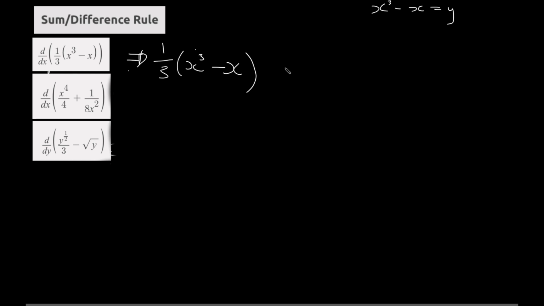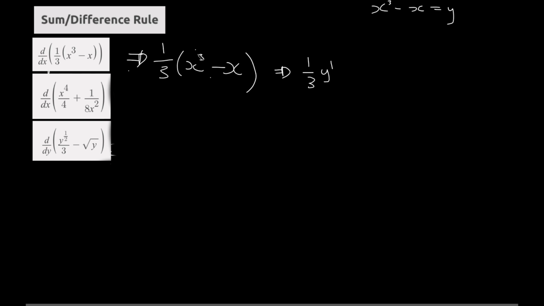So if this is true, then this will be 1 over 3 y, right? If we differentiate this term, then this will have y to the power of 1. This will move to the front, and this will just be 1 over 3.